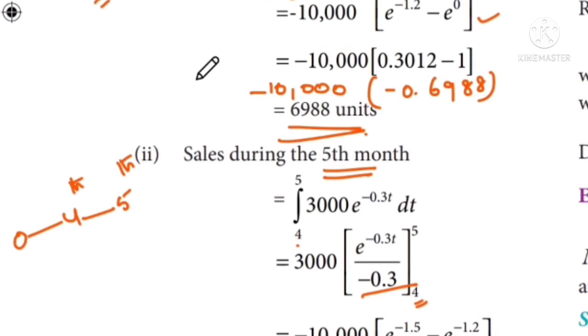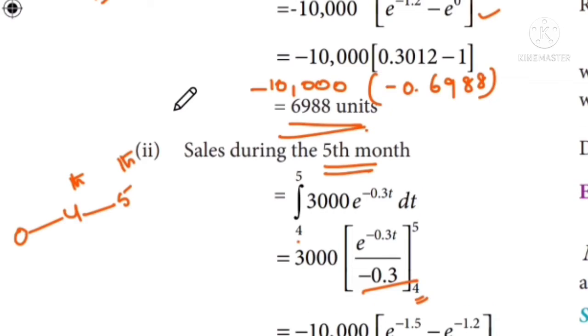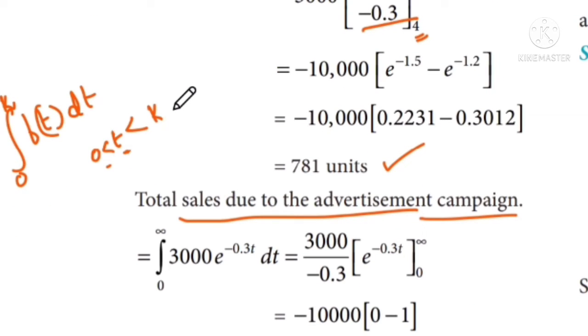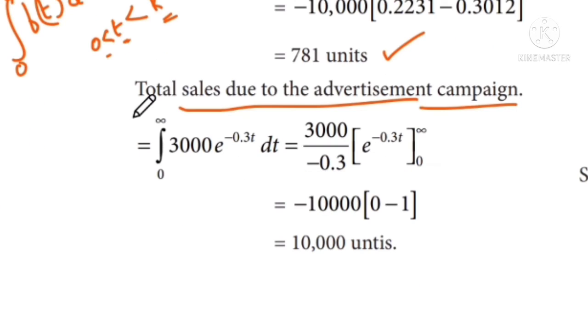But here the total says during the advertising campaign, that means the upper limit k is not given. After how many months did they ask? The total is not given, so you take it as infinity. From 0 to infinity. It is not 0 to 4 months or 5 months. We don't know. The total sale is asked, so 0 to infinity we are finding.